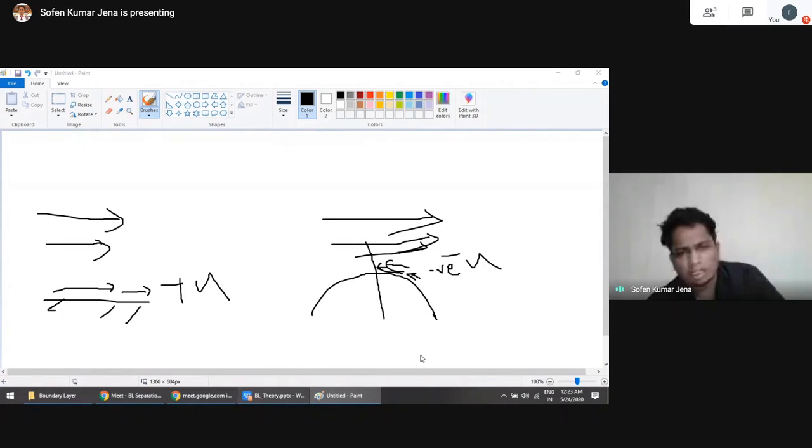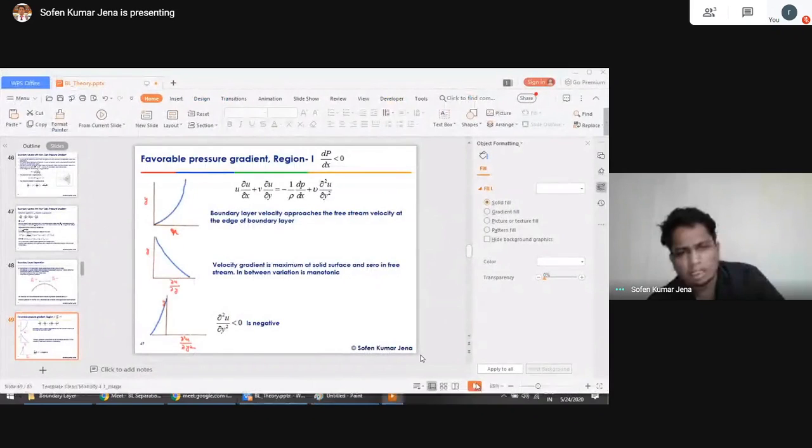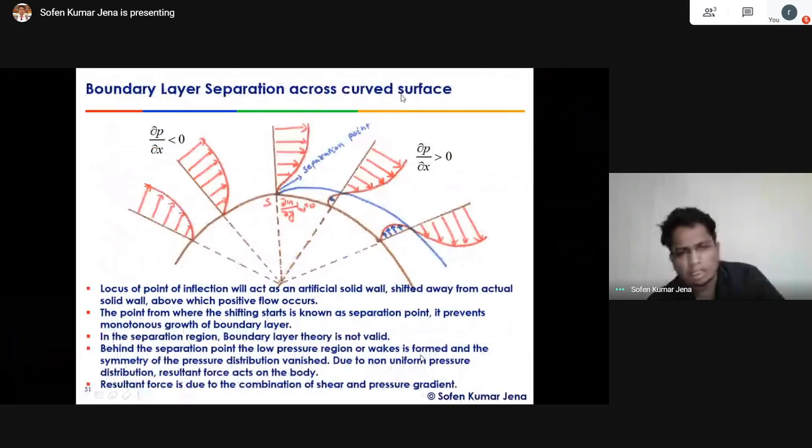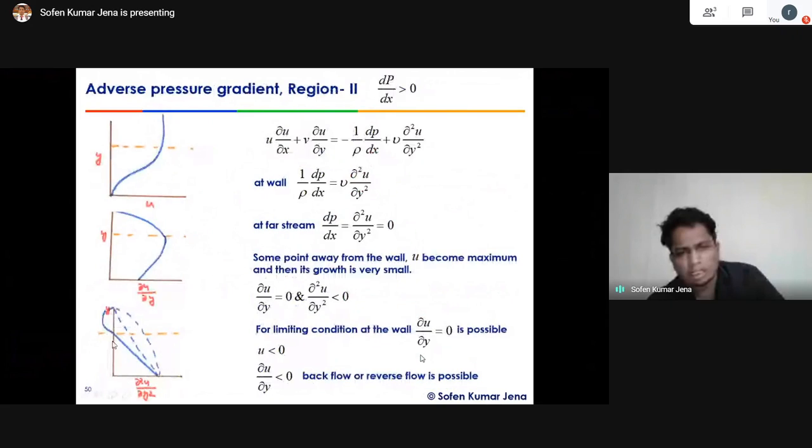So let's come to over here. From here we find that there is a position in the boundary layer where the diffusion term, del square u by del y square, changes its sign. It changes from the positive sign to the negative sign, right?